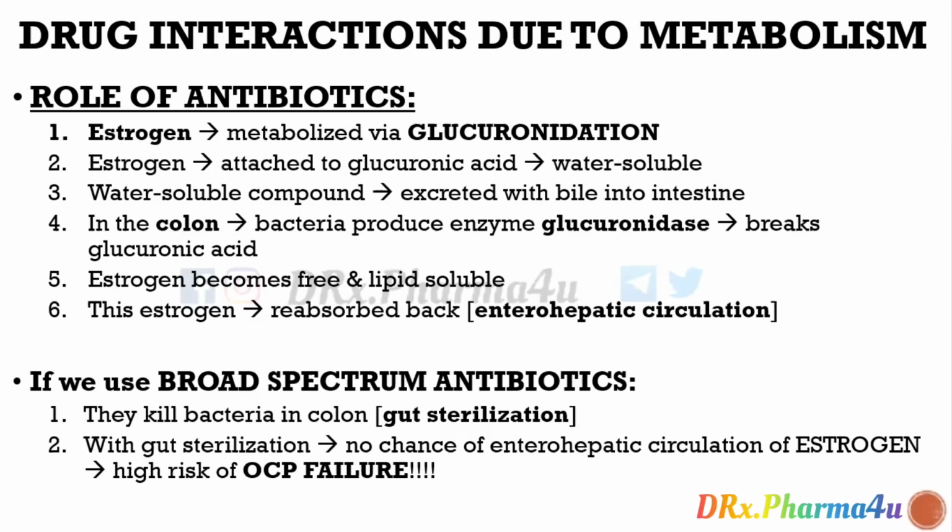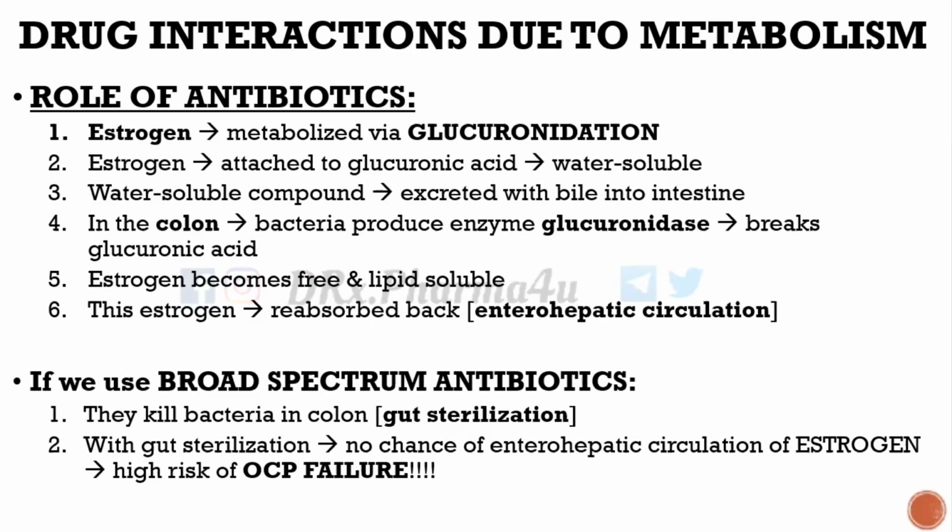Now, for example, a female does not want to be pregnant and she is taking estrogen and she is taking a broad spectrum antibiotic at the same time. What will happen? Broad spectrum antibiotics will kill the organisms that are present in the colon. So the process that I told you right now, enterohepatic circulation, will not happen because there are no bacteria in the colon to release the enzyme glucuronidase.